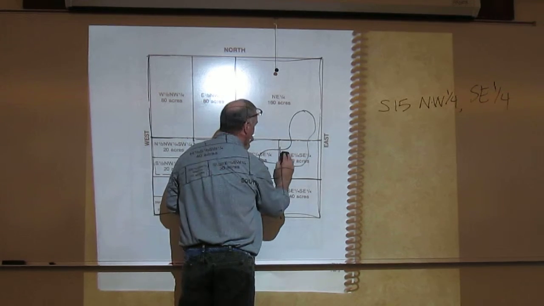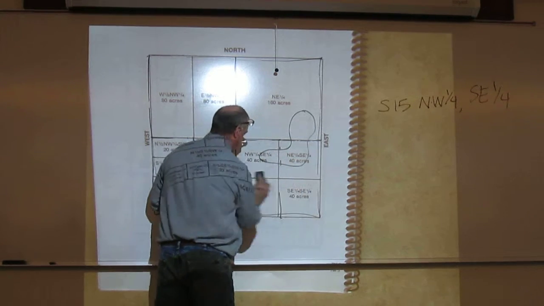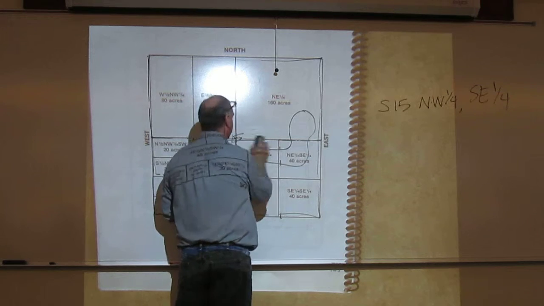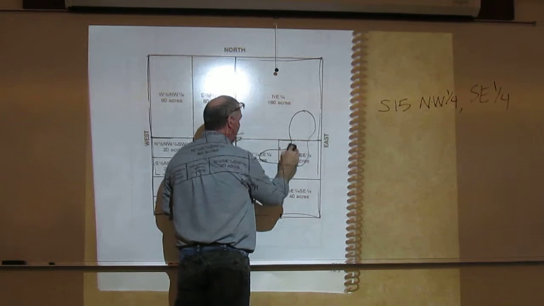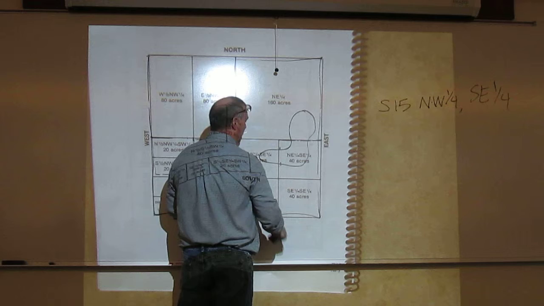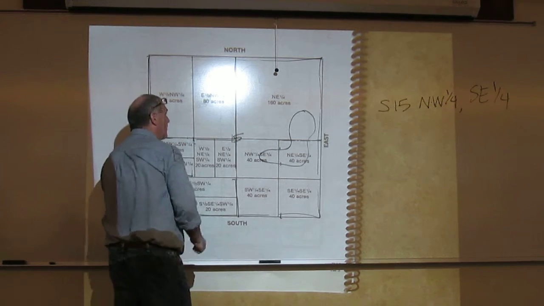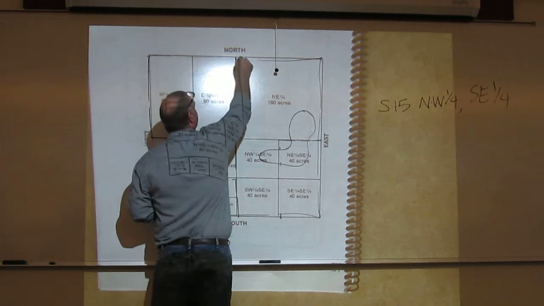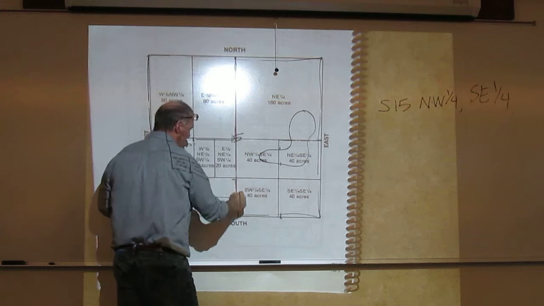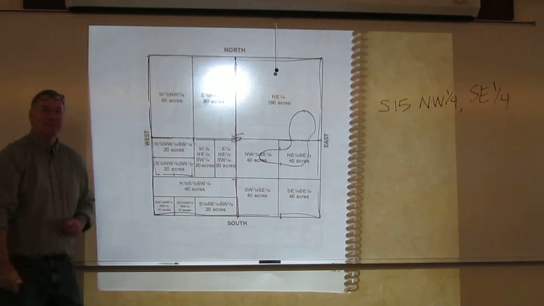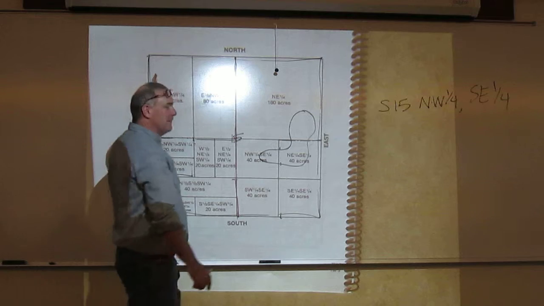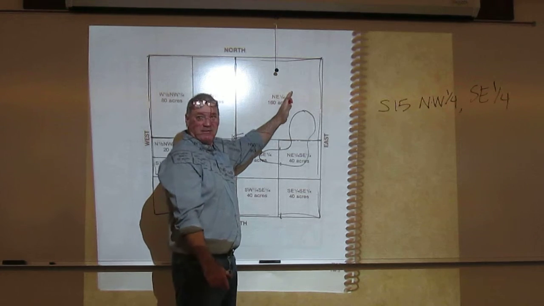Let me kind of erase a bunch of these. Remember, what you're trying to do here is really get them as close as you can. So the first divider you're probably going to do is this one. So I'm going to break it in halves. Now I have a west half and an east half.